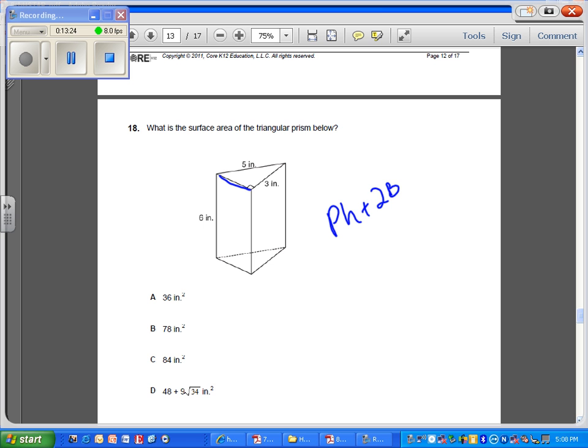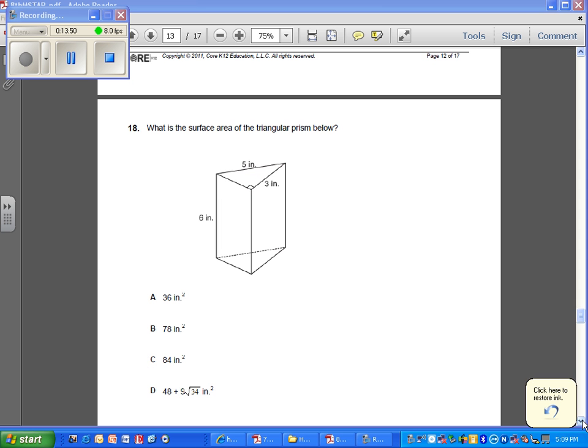Based on the Pythagorean theorem, they gave me one of the legs and the hypotenuse, so you're going to have to find that. Go ahead and do that. Your answer is going to end up being 84 square inches. Yep, that's what you're going to have to do to get that other dimension. So 84 square inches. If you have any questions about that, I'll be happy to go in depth into that problem with you.